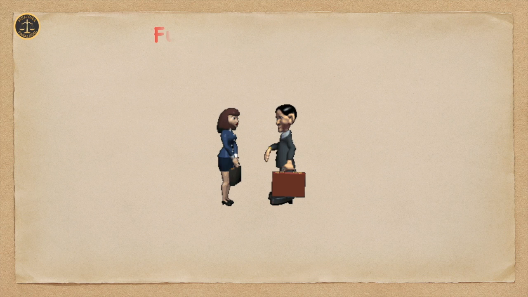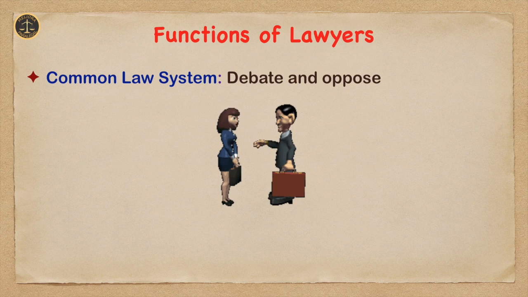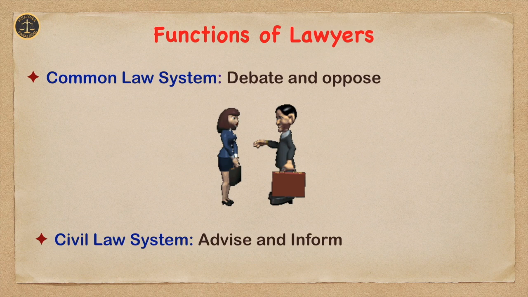Next, functions of lawyers. In common law system, the functions of lawyers are based on debate and opposition, whereas in civil law system, the roles and functions of lawyers are to give advice and to inform.